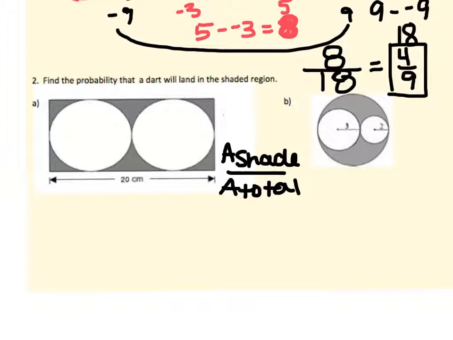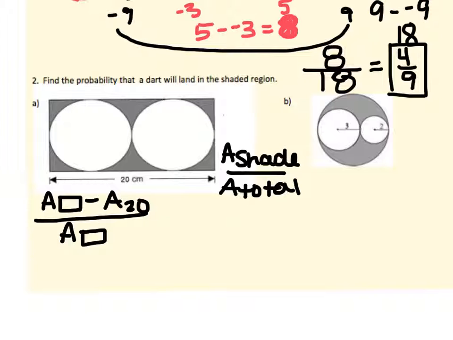If I find the area of the shaded, I'm going to find the area of the rectangle and subtract the area of two circles. So it's all about having a plan for the shaded regions. The area of the rectangle and the area of the circles, that's what you need to figure out. And then the total is just going to be the area of the rectangle again.